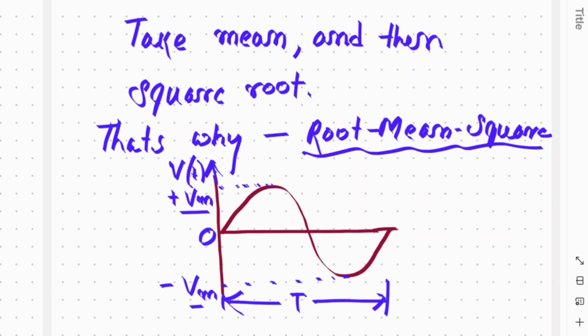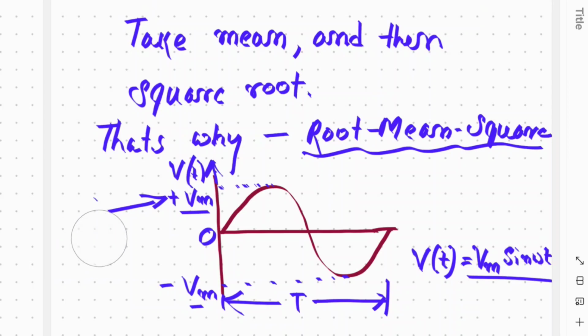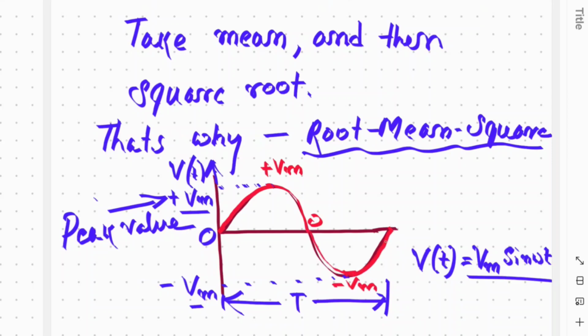From this waveform, we can write v(t) equals Vm sin omega t, where Vm is the peak value. The waveform starts from 0, goes to plus Vm, comes back to 0, goes to minus Vm, and again back to 0. This cycle repeats.